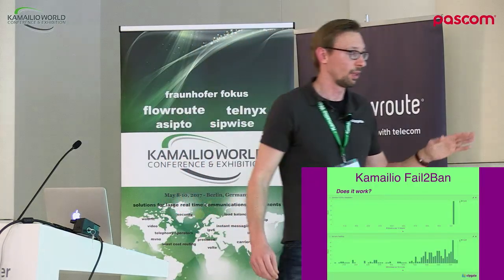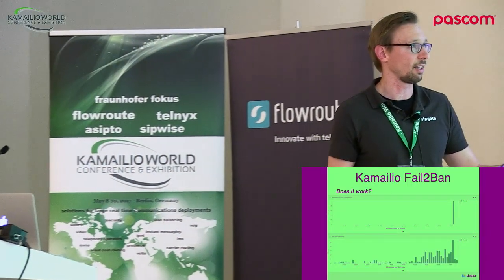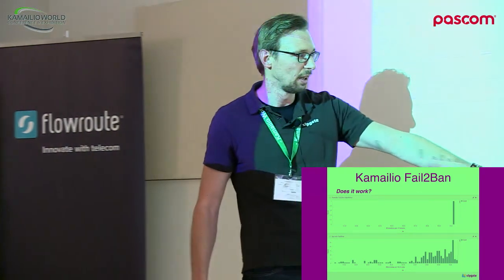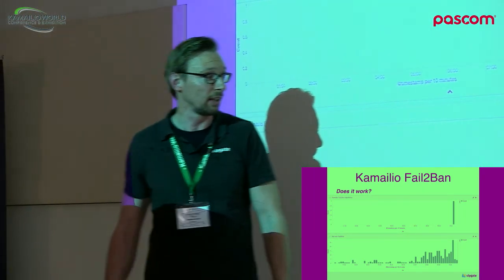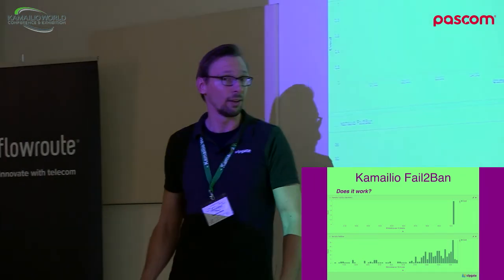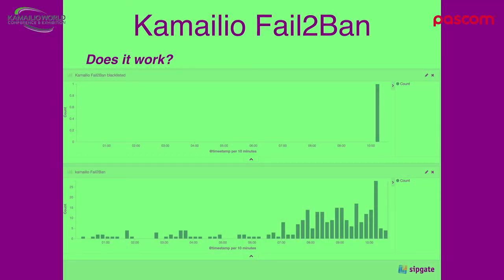But that's a screenshot taken last Friday, and here you see there's a sudden spike. And I looked into this, and some fraudster gained access to a FreeSWITCH PBX and then started calling out. He started calling at 10:16 in the morning.